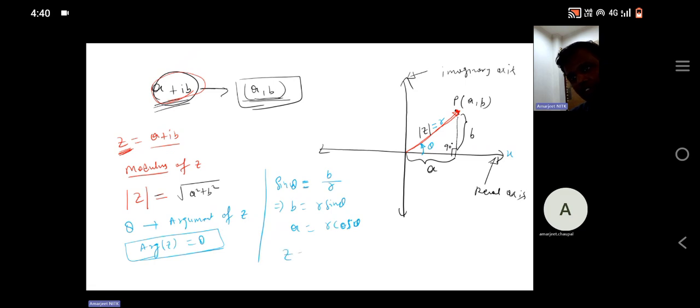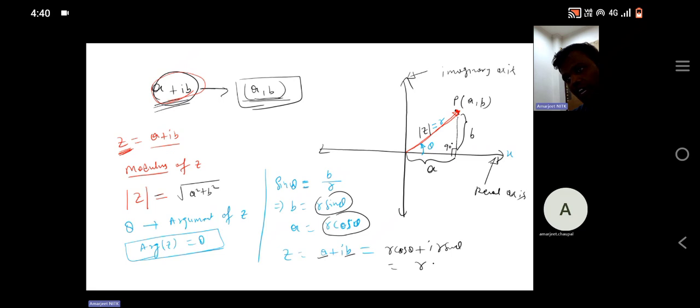But you know that z is equal to a plus iota b. You just write r cos theta in place of a and r sin theta in place of b. So what you will get? r cos theta plus iota times r sin theta.